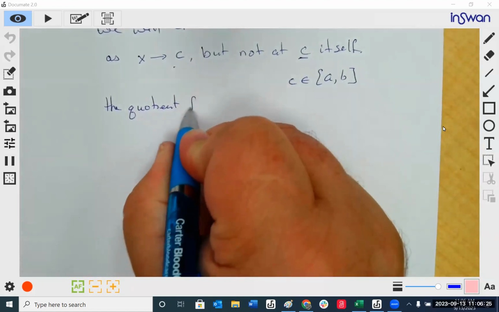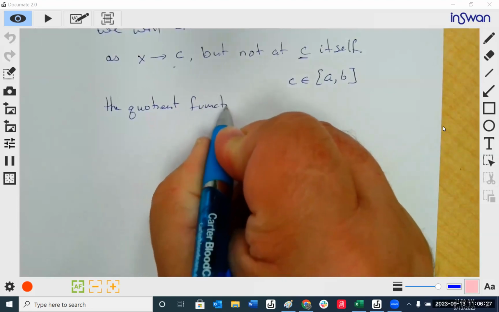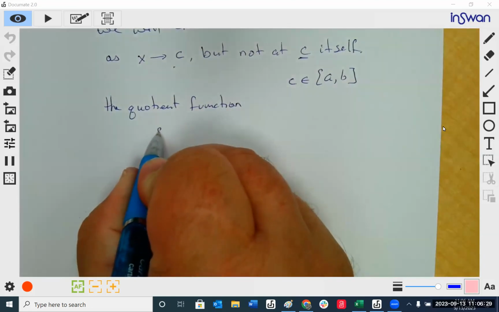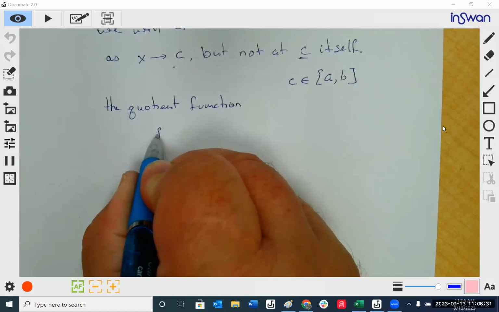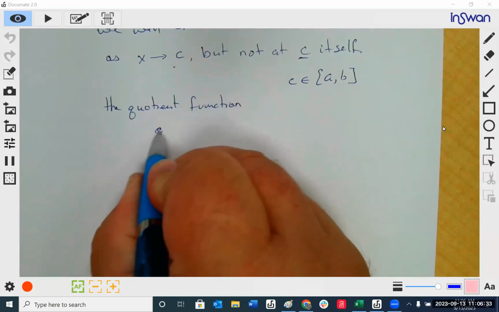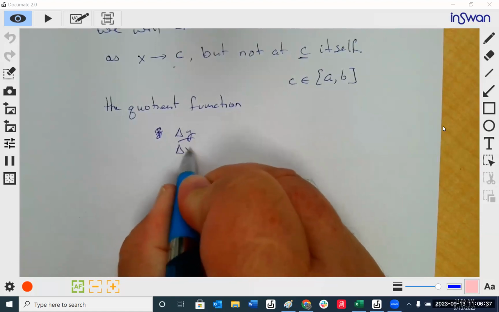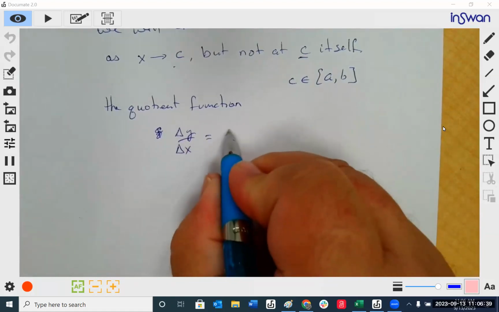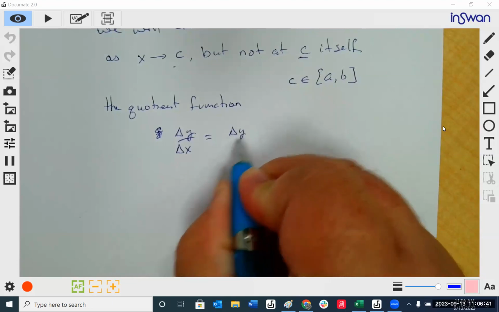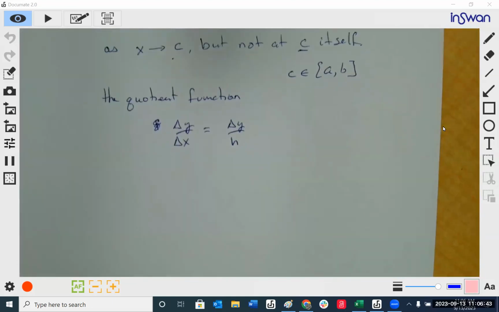the quotient function. It was delta y over delta x, which we looked at the other day as delta y over h.